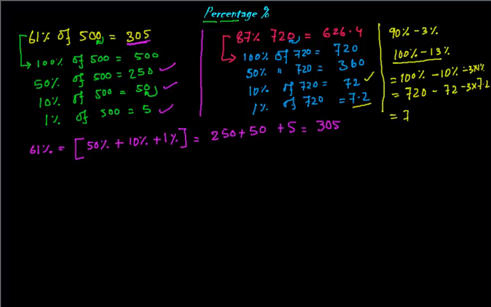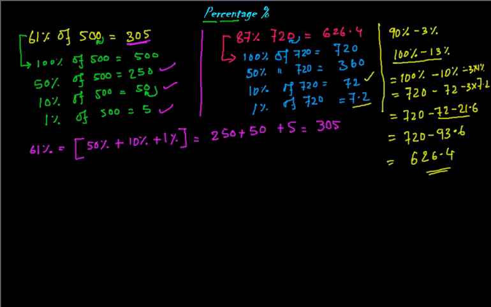So that means 720 minus 72 minus 3 times 7.2. Adding them, 72 plus 21.6 is 93.6. If I subtract 93.6 from 720, I am left with 626.4. So that will be the answer, 626.4.